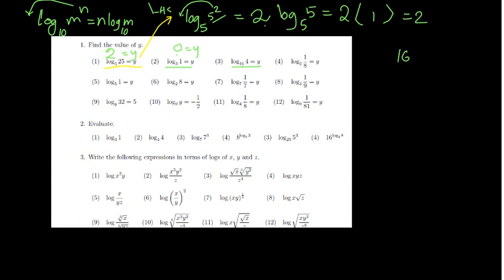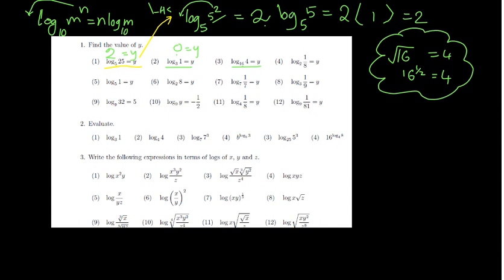Therefore I'll write this as log 16 to the power of half to the base 16. So the 4 is converted into 16 to the power of half, so that I can apply this rule. So you get half log 16 to the base 16, which is equal to half.